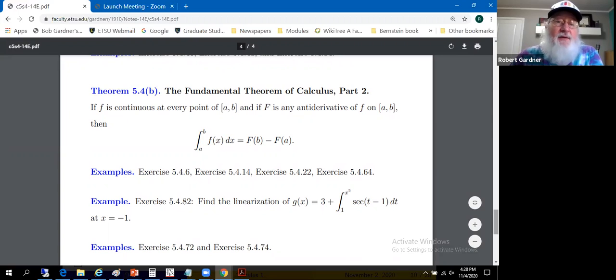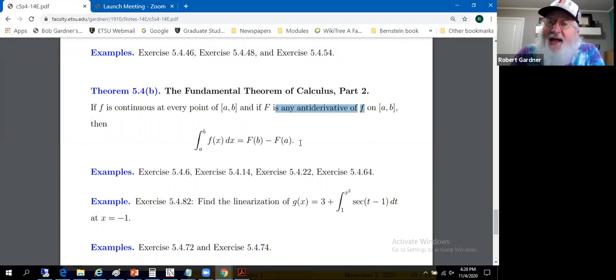This says, again, for a continuous function f, continuous at every point of the interval [a, b], and let capital F be any antiderivative of lowercase f on that interval. Then the definite integral from a to b of f of x dx is capital F of b minus capital F of a.